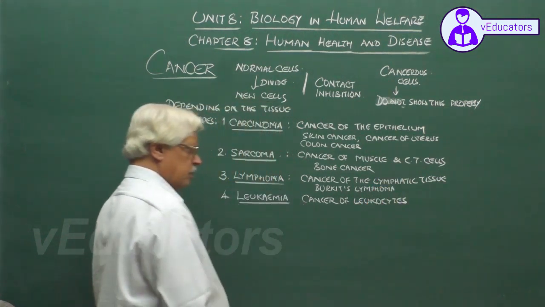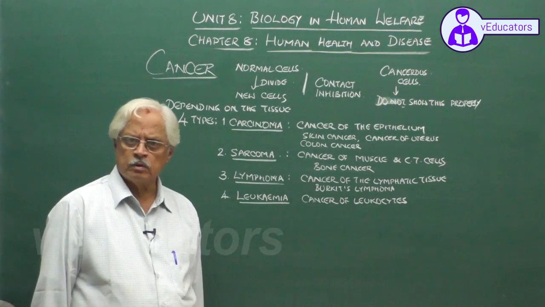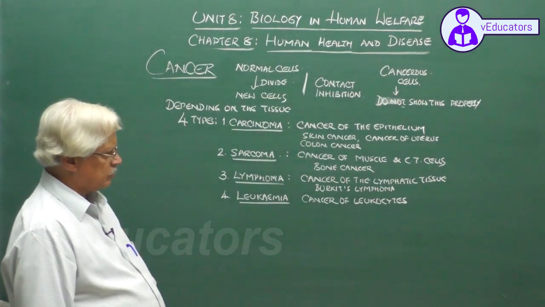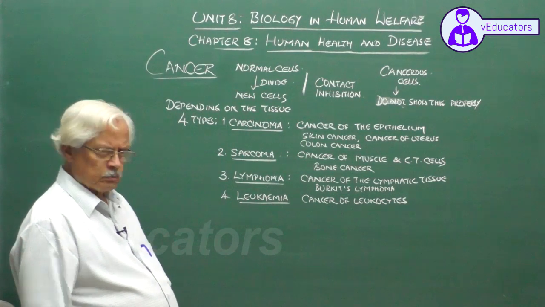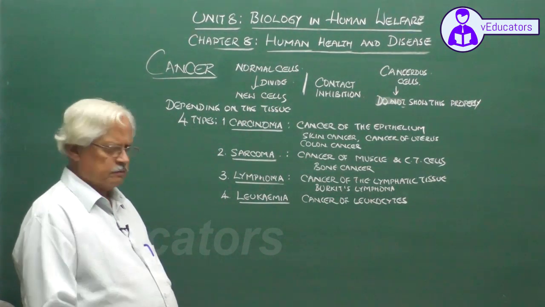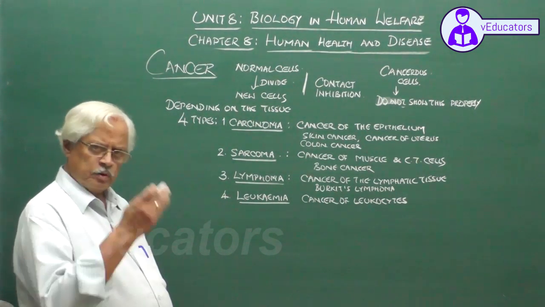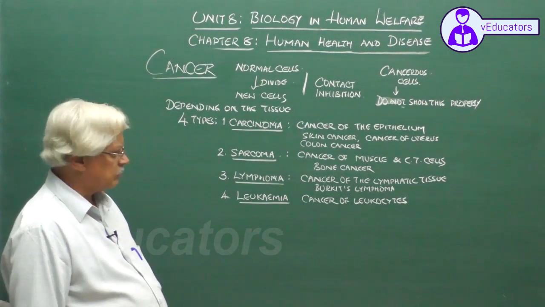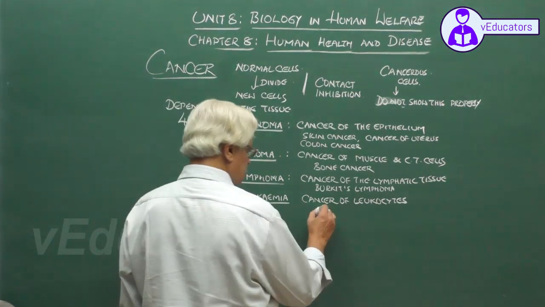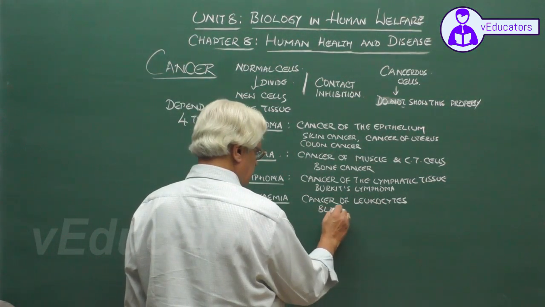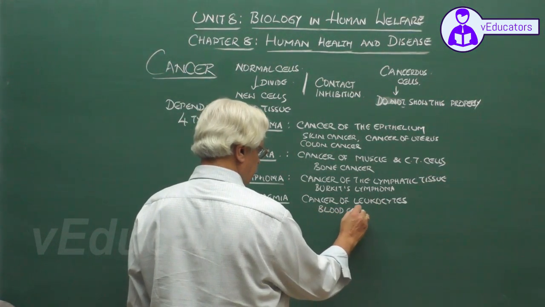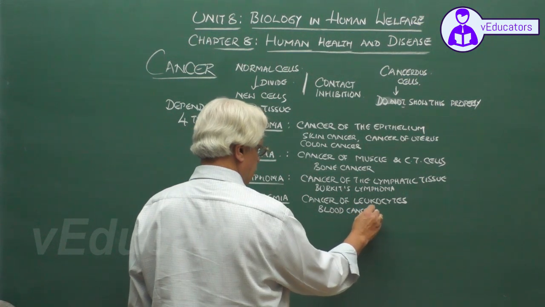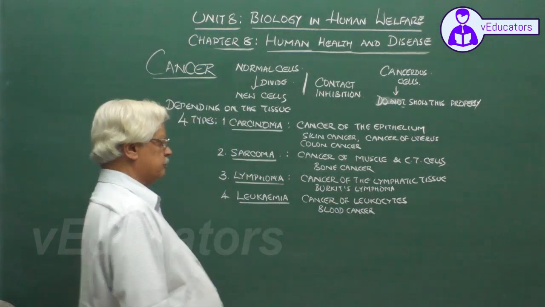Abnormal increase in the number of white blood cells from the normal number of about 10,000, it may go up to 1.5 lakhs or 2 lakhs. This is what is commonly called blood cancer.